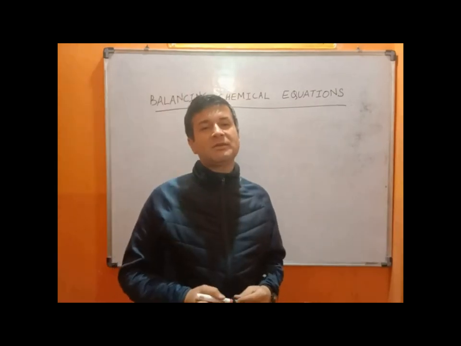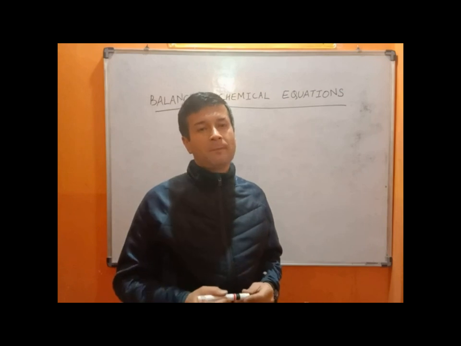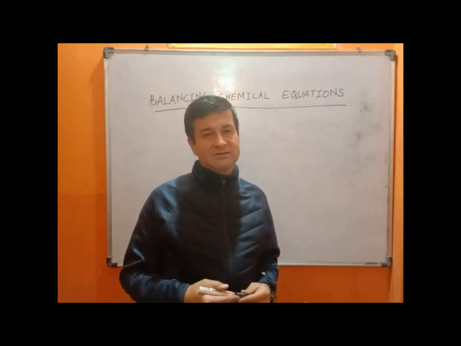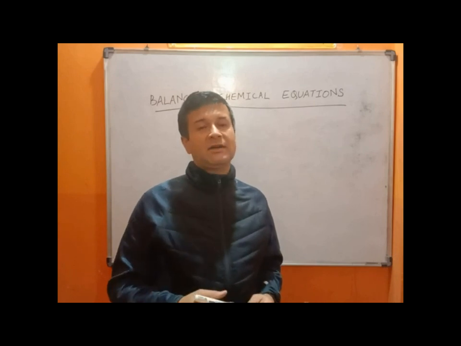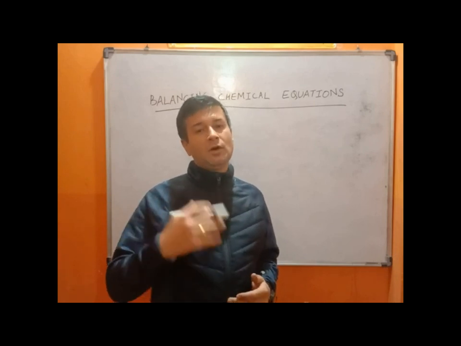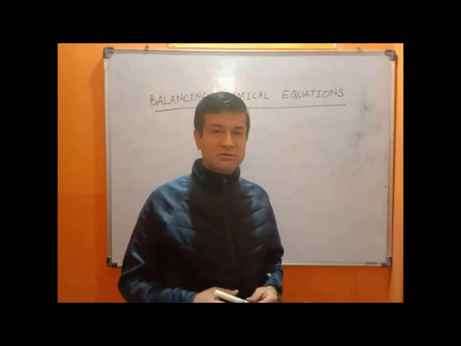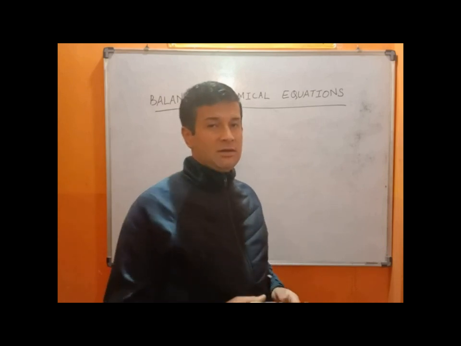There are some chemical reactions which require reaction conditions such as temperature, pressure or catalyst. Such conditions are indicated above or below the arrow in a chemical reaction. So let's see this with an example.